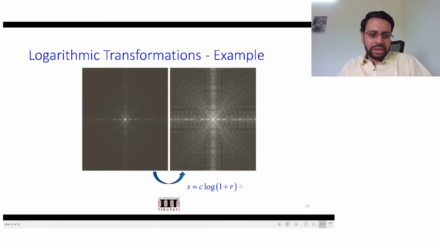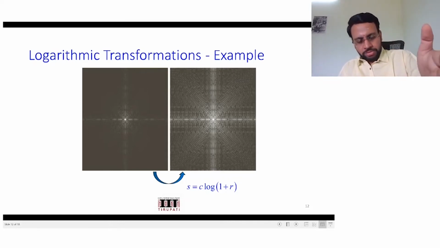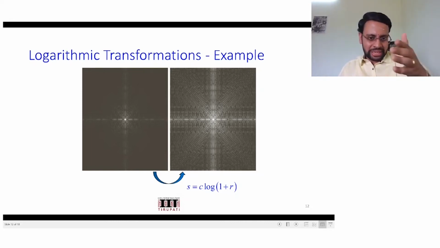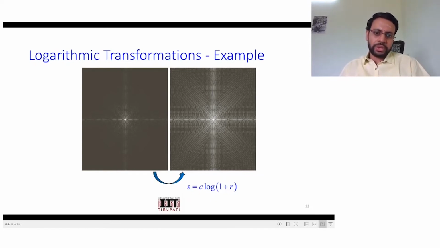On the contrary, when you apply a transform like s equal to c times log of 1 plus r, you would be able to realize that there are indeed higher harmonics and they can be visualized here. So this is one instance where applying this transformation could be useful.